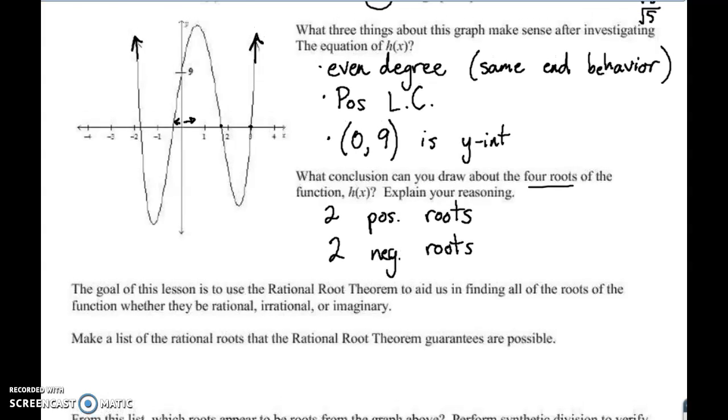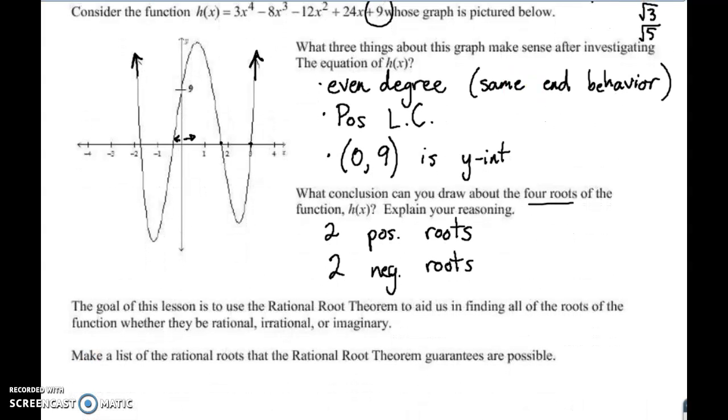On the next one, they talk about using the rational root test. Remember, those are factors of your constant, plus or minus 1, 3, and 9. But then you also have to divide by factors of 3, which we already took care of for 1. I guess I put positive, negative 9 as well. And now you need to divide by 3, so plus or minus 1/3.